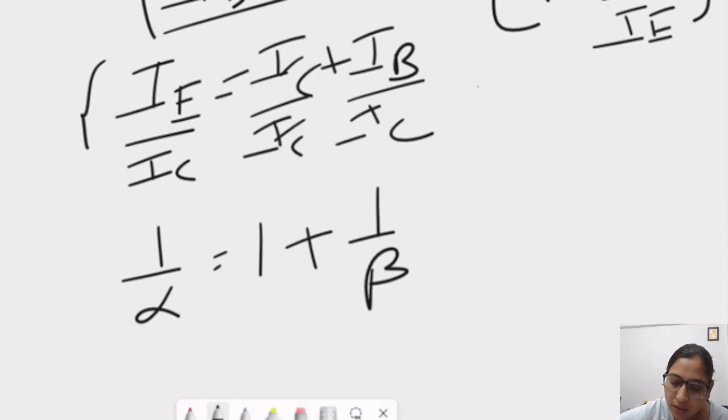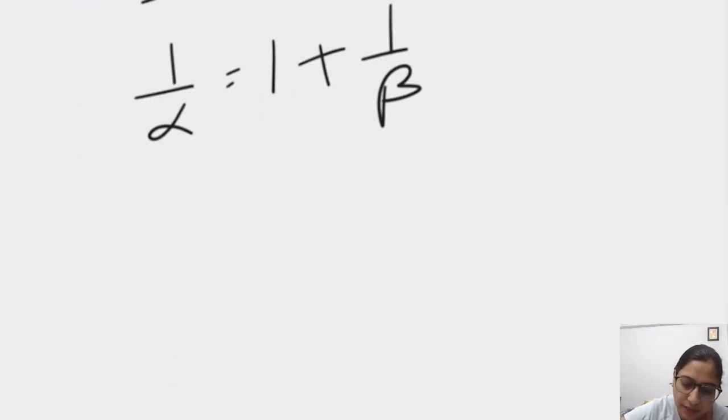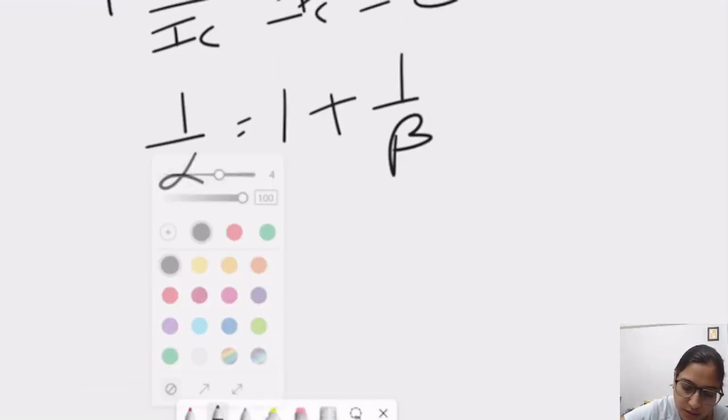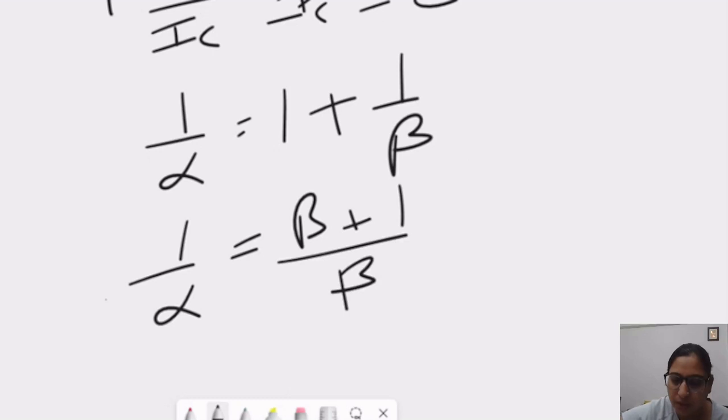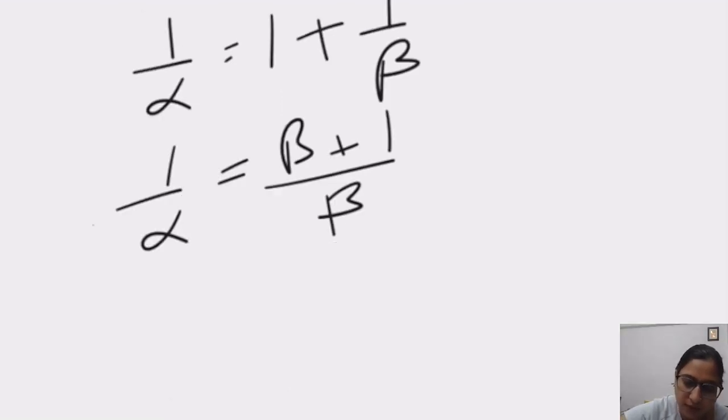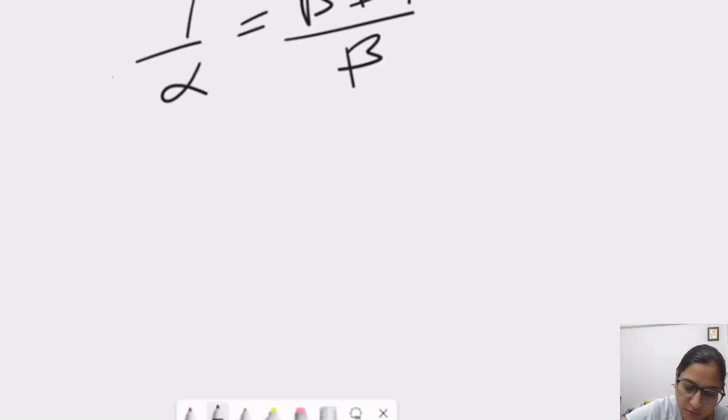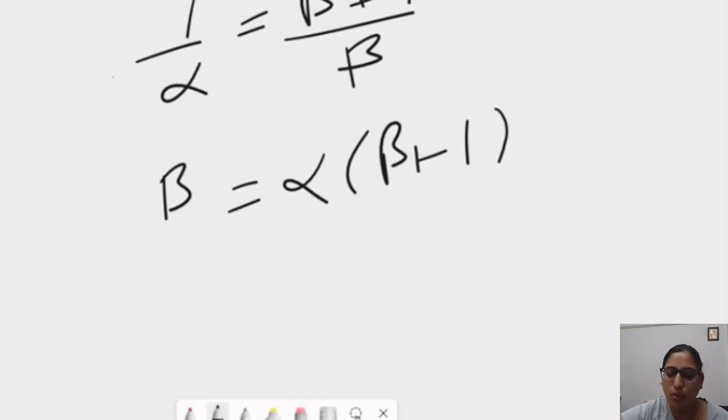Now if we take the LCM and do a few further calculations, 1 upon alpha is beta plus 1 upon beta. If we do cross multiplication, we will get beta is alpha into beta plus 1.